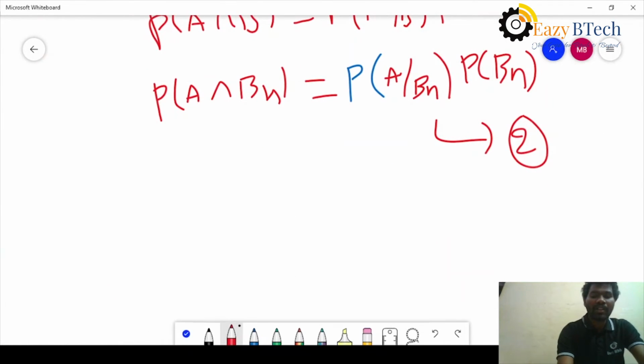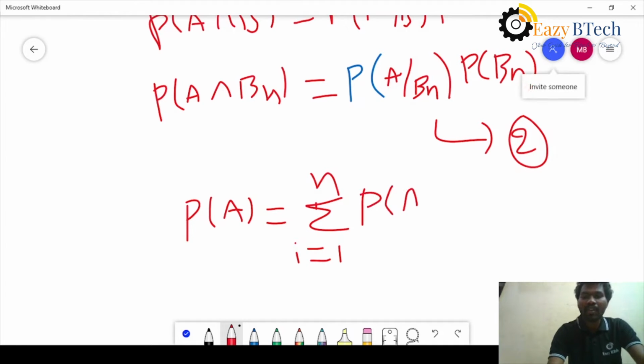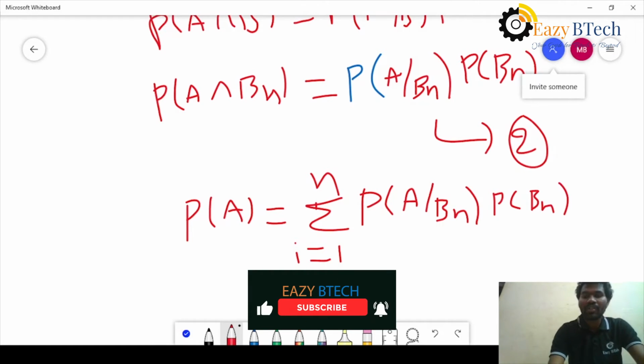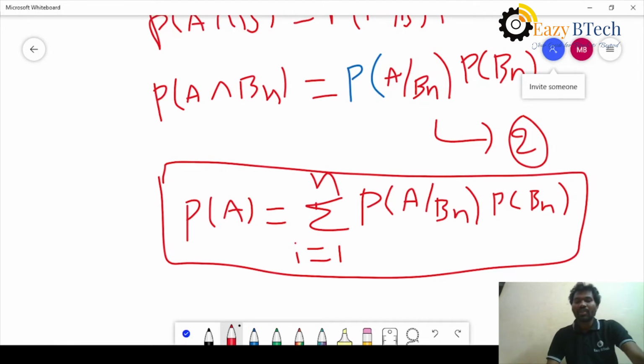Then it becomes P of A equals sigma i equals 1 to n, and you have to replace P of A intersection Bn with this one. Then it becomes P of A given Bn into P of Bn. So this is the statement of total probability, and we have proved this.